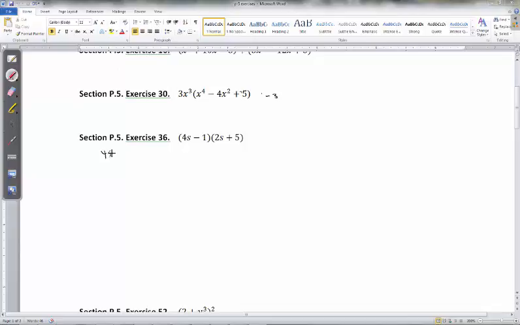4s minus 1 times 2s and 4s minus 1 times 5. And then leave that parentheses there.